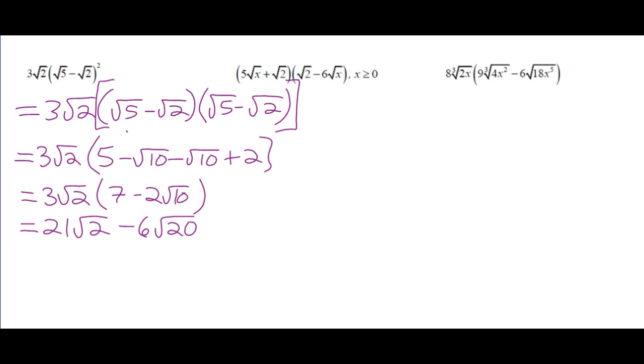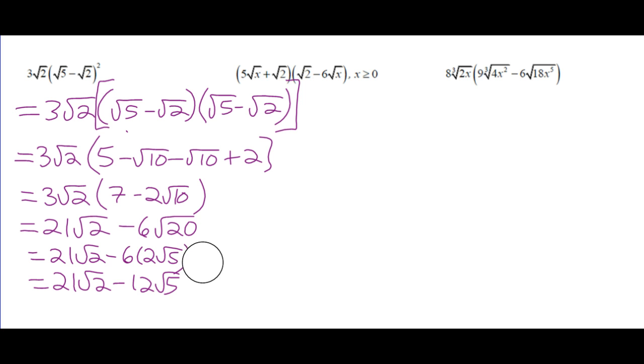So it's root 4 root 5 or 2 root 5. So this is 21 root 2 minus 6 times 2 root 5, or 21 root 2 minus 12 root 5. Where's the other end of the bracket? On the second line. Oh, never mind, I see it. Found it. Why do I have a bracket there? Oh yeah, 2 root 5.